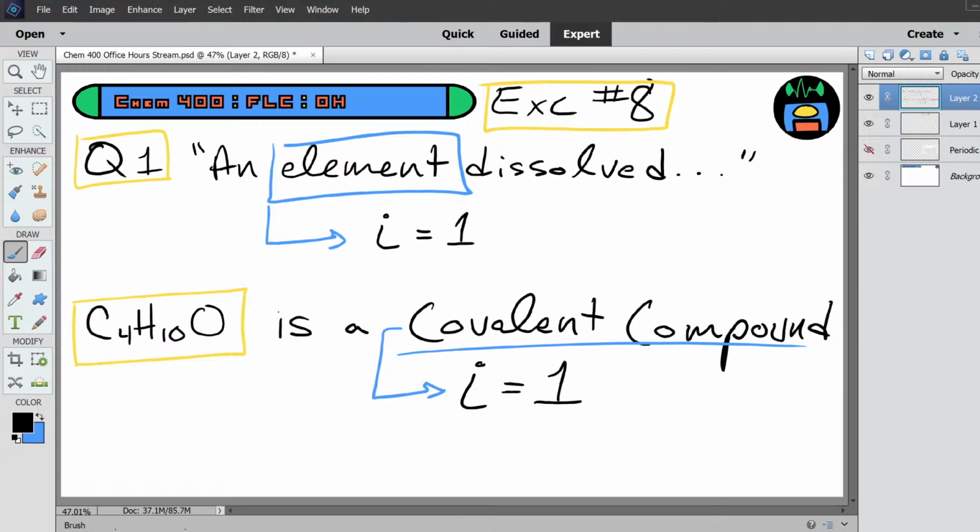Let's see, because they're connected. Yeah, totally.